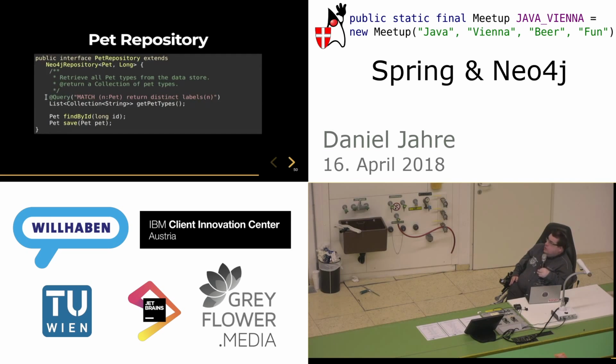What I'm doing here is matching all labels, or I want to get all labels that are on nodes that have the pet label. This was a bit of an annoying part, because I'm getting a list of collections out of that, because I have 10 nodes or something like that, and each node has labels.